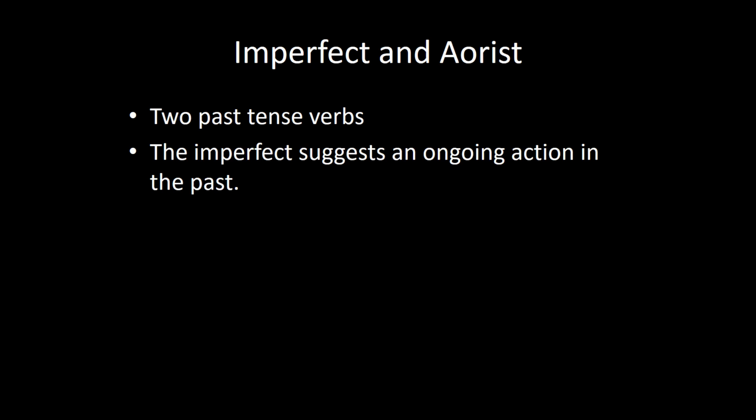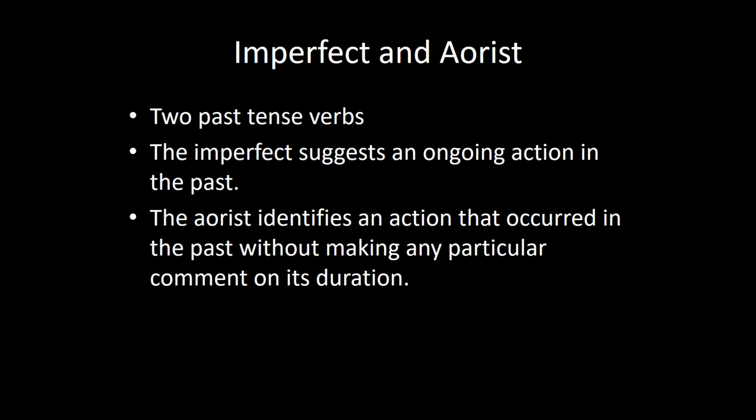It's that action in progress idea. The aorist talks about an action that occurred in the past, but it doesn't make any comment on the duration of the activity. So we would simply say something like, I walked. So imperfect, action in progress, aorist, no comment.